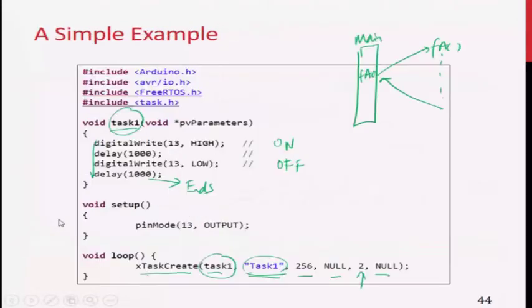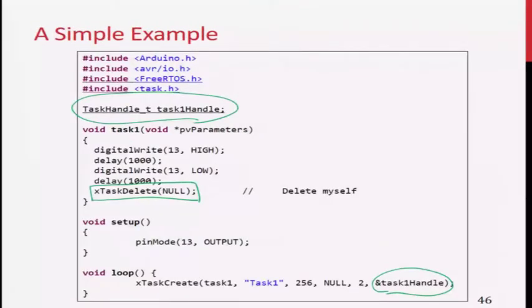Okay, so you can see that this second code here adds 2 things. One thing is the task handler. So I must first create a task handler variable parameter and call it using the address here. And I do a task delete function here to delete the task after I finish it. But in most cases, your task is written as an endless loop.